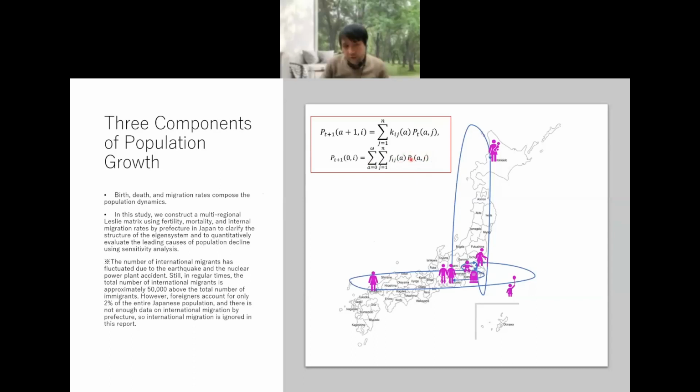And this function means the fertility rate at age A from J's prefecture to I's prefecture. Okay, this is the model.